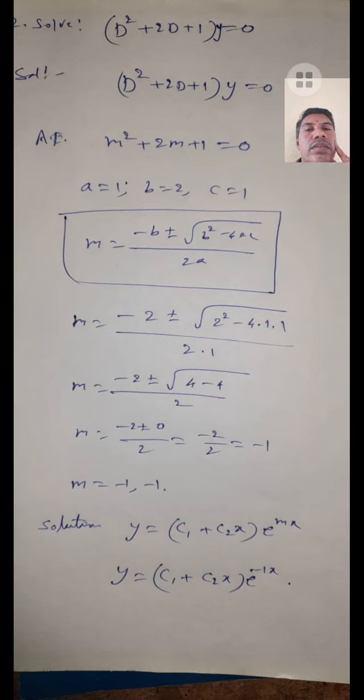From the equation we have to know the a, b, c values. The m square coefficient is a; if there is no coefficient, we have to take 1. The m coefficient is 2, that is b, and the constant is c. After substitution we get the m roots. Here the roots are the same.